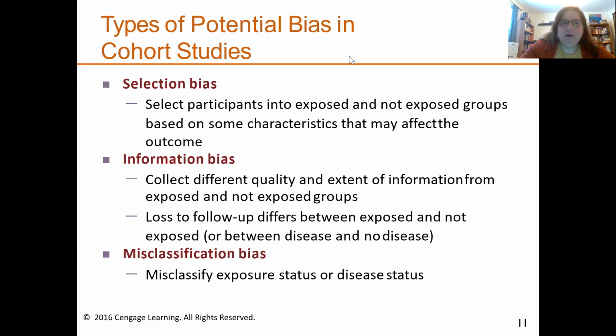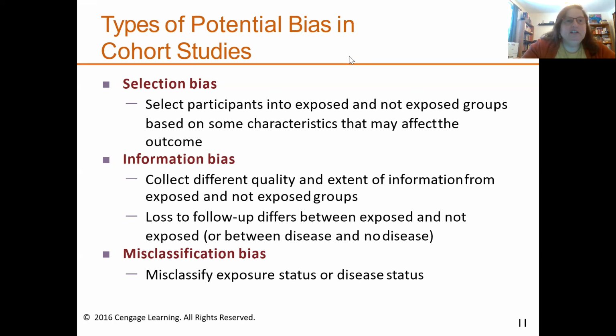So for example, let's say you are selecting the exposed and not exposed groups, you're finding them based on health records. It might be more common for one group to visit the doctor than the other. So you could get a little foul up there.